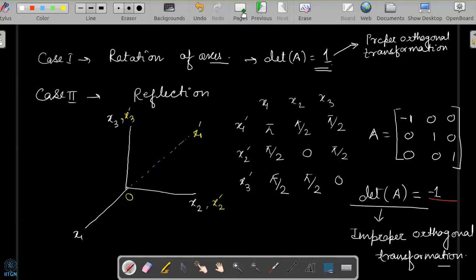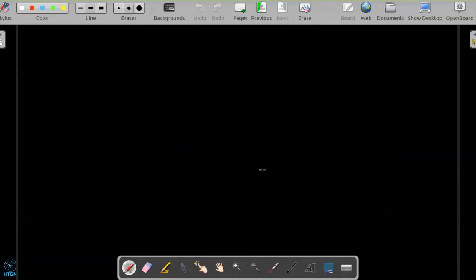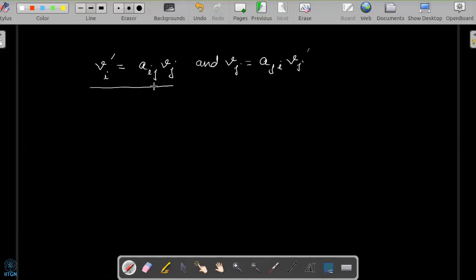So if any vector, you are able to write Vi equals Aij Vj, and Vj is equal to Aji Vi dash. This relation we have established.